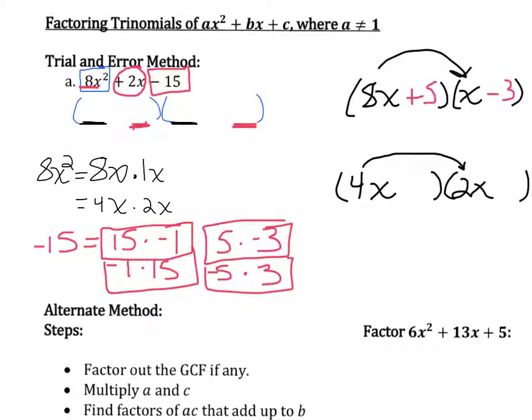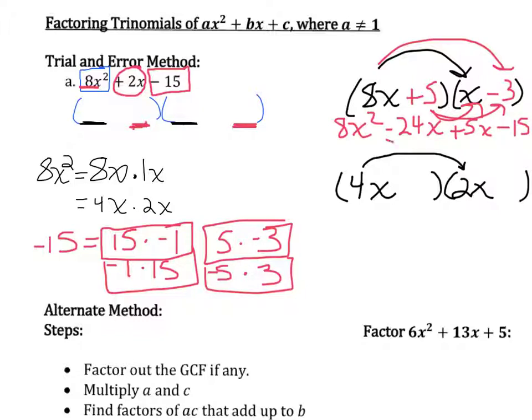If I do that and I try to fold it back out, I'm going to have 8x squared minus 24x. My inside, I'll get a plus 5x, and then my last, which would be a negative 15. Notice that these two middle terms, when I combine them, don't equal the positive 2 right here.